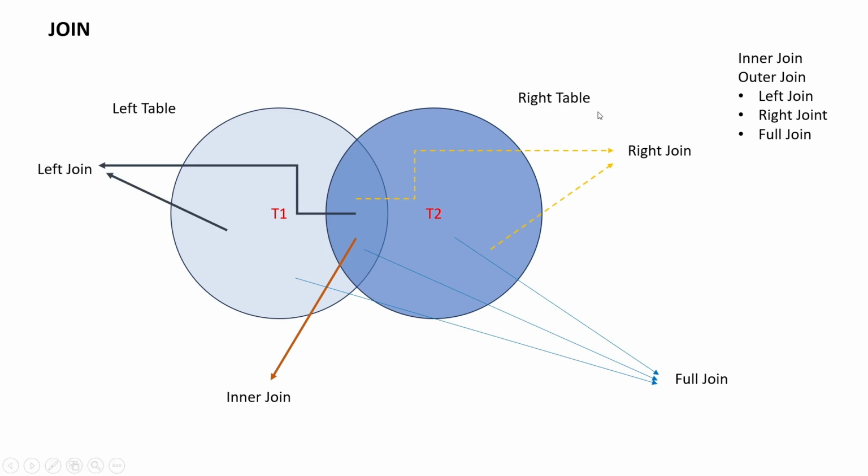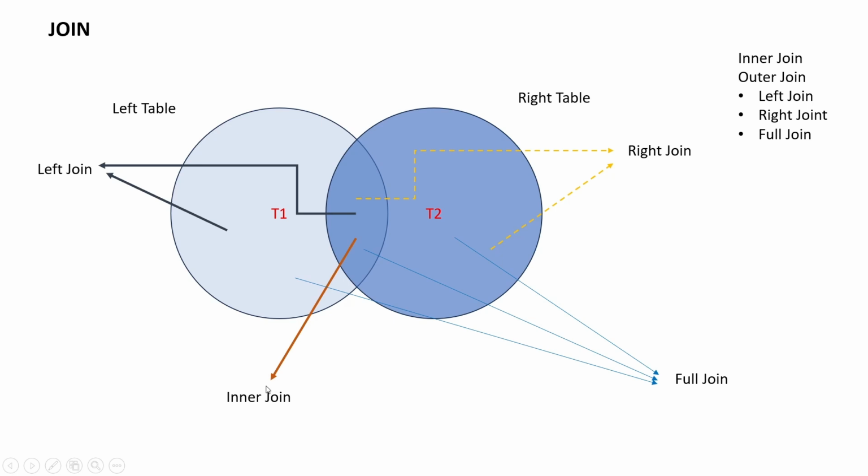Whenever we are talking about inner join, it means a common record we need as output when we combine two tables together. We only want matching records from both the tables, the common records from both tables. That output we consider as inner join.